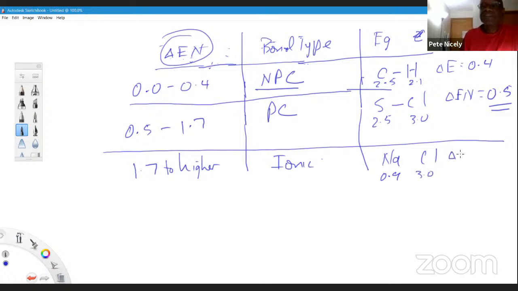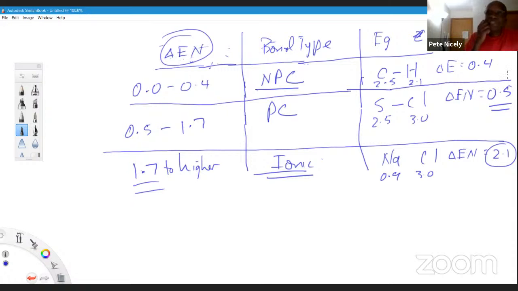So the difference would be 2.1, which is obviously greater than 1.7. Therefore that bond would be ionic. So this is the criteria we're going to use in this course to determine whether a bond between two atoms is nonpolar covalent, polar covalent, or ionic.